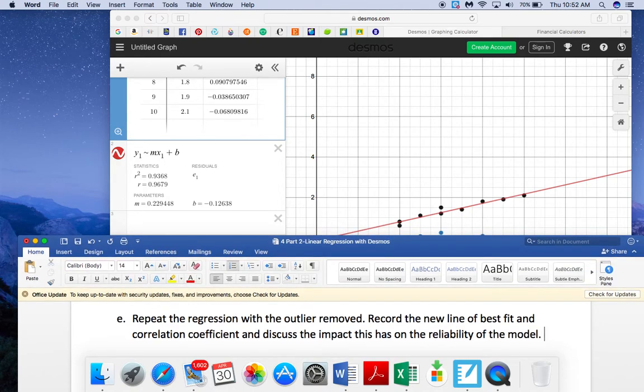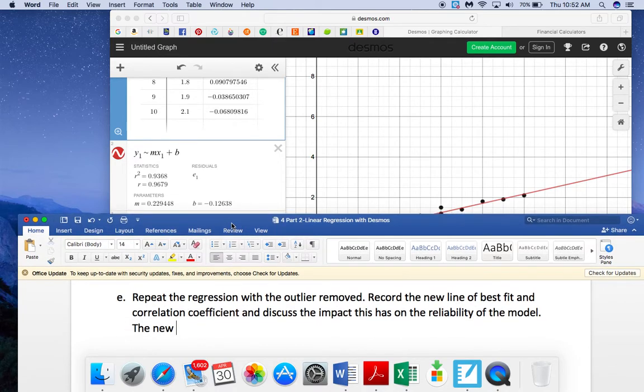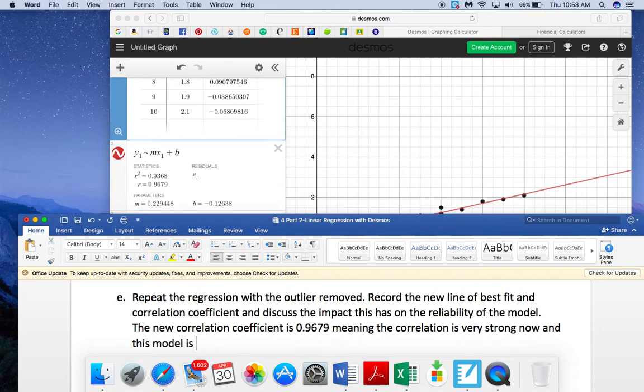So the new correlation coefficient is 0.9679, meaning the correlation is very strong now, and this model is a much better fit for the data.